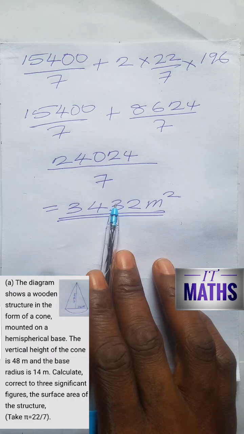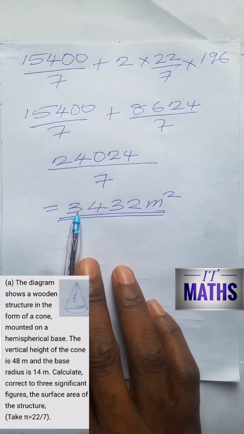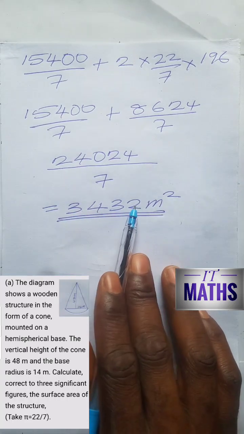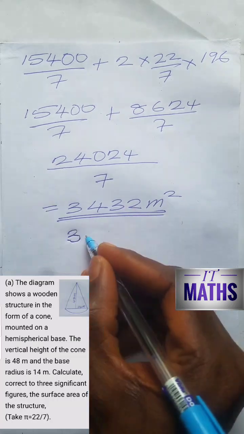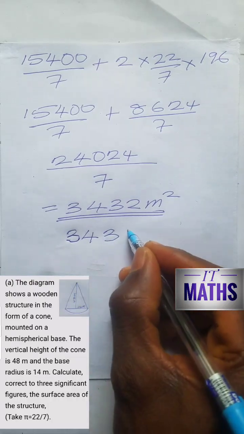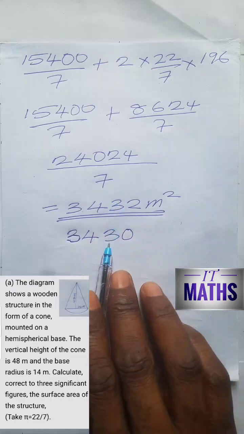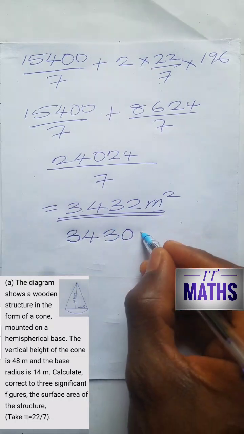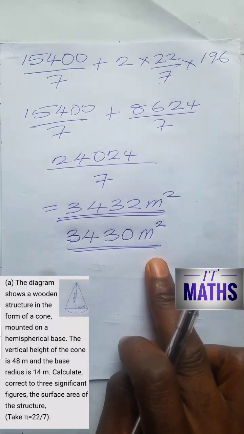I know you guys at this level already know what significant figures are. So this first, second, third, this has to go to 0. Is it up to 5? No, it is not up to 5, so it will turn to 0, and that will be 3,430. If we were up to 5, we would have added 1 here, and this number would have been 4. So we have our meters squared. That is our final answer.